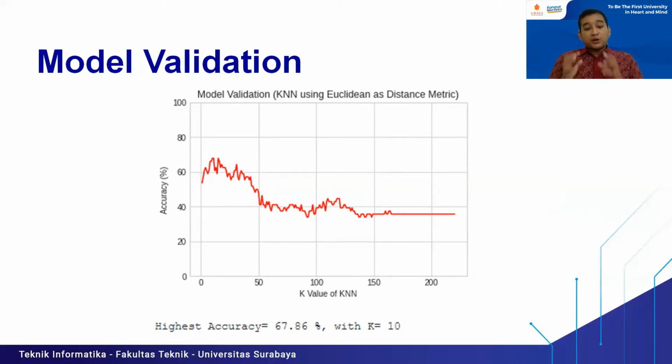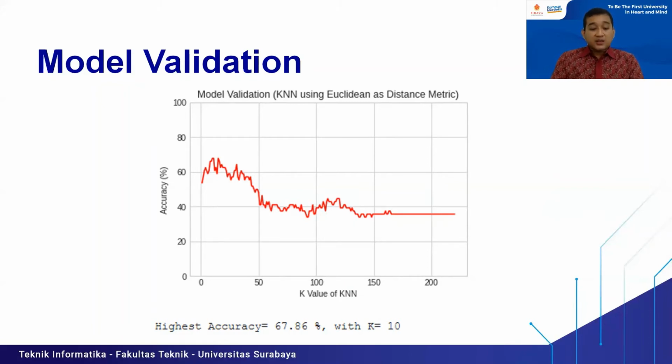Model validation begins by dividing the tweet data into 80% training data and 20% testing data. After that, the system will conduct training using the 80% training data, followed by testing using the 20% test data to determine the accuracy of the resulting classifier model.